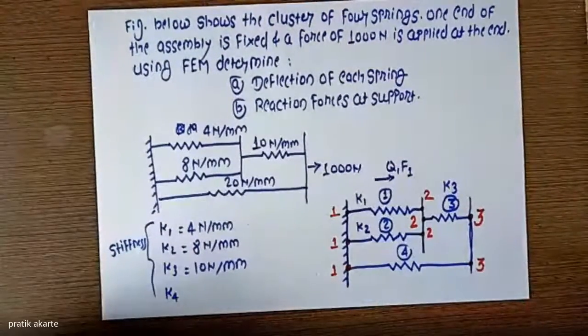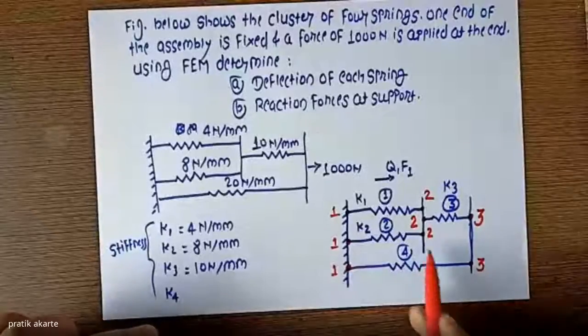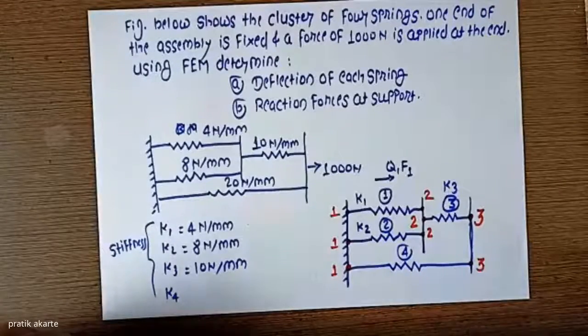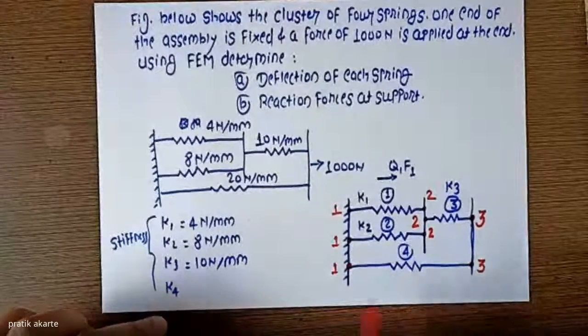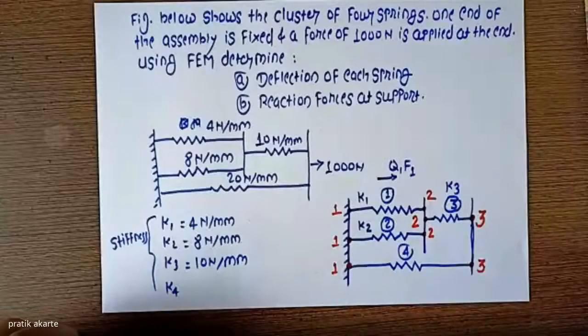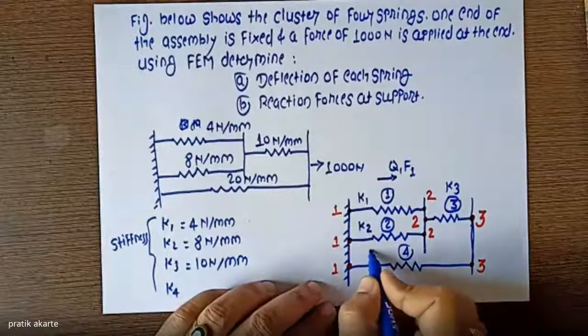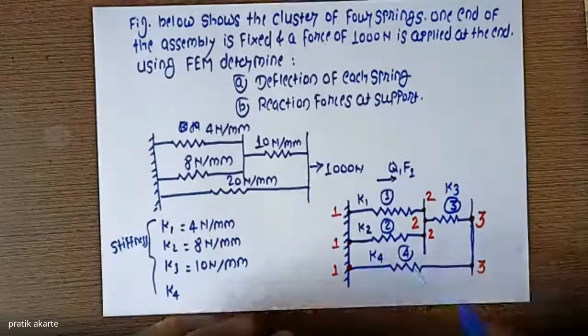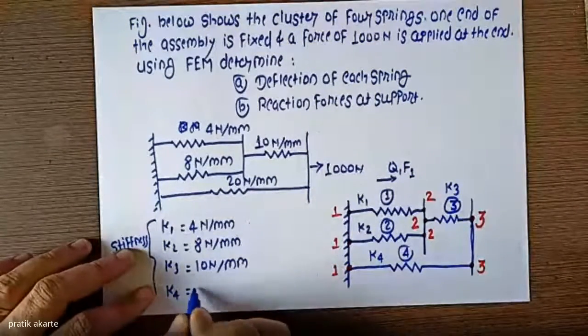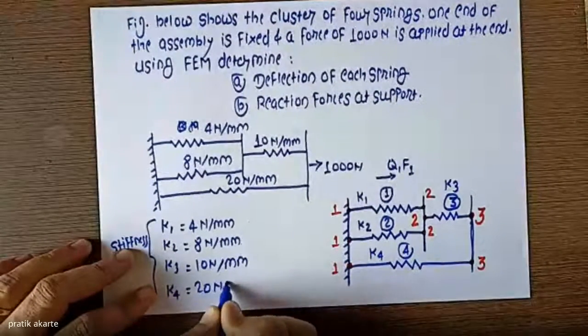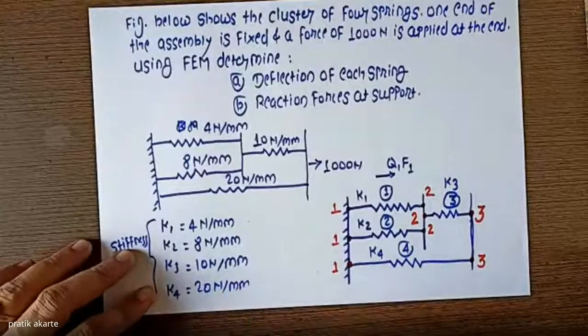That's why the global node numbers for element number 4 are 1 and 3. It has the stiffness K4, which is 20 Newton per millimeter.